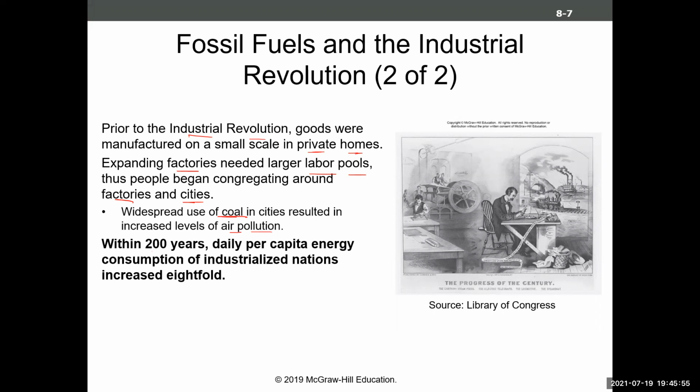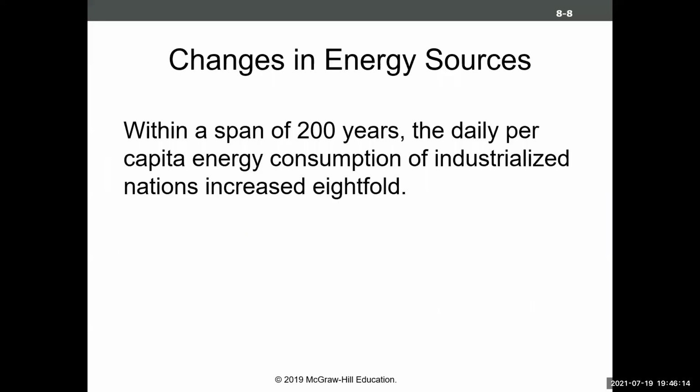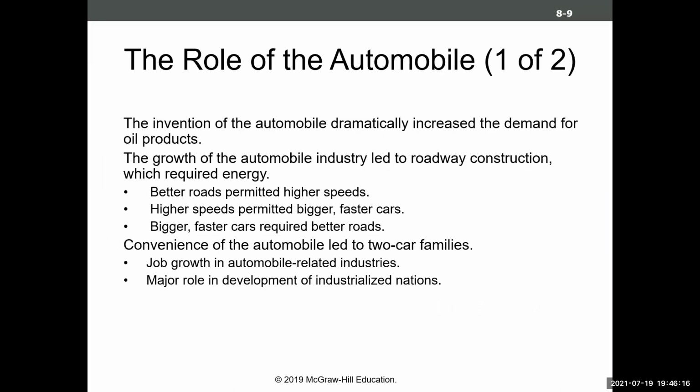And within about 200 years, the daily per capita energy consumption in industrialized nations increased by a magnitude of 8, which is a considerable amount of energy increase. Right? So we're talking about 8 times the energy use within a span of 200 years.